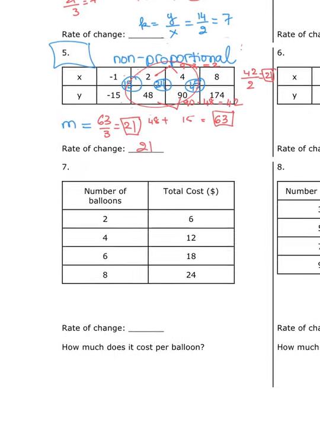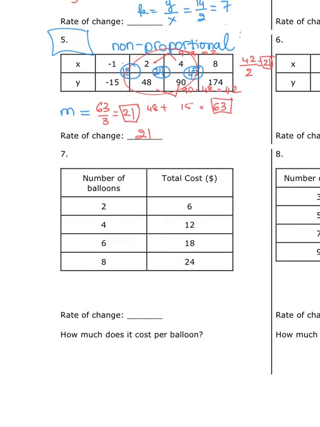Number 7, number of balloons to total cost. Okay, the total cost will depend on the number of balloons, so make sure you do y over x. So 6 divided by 2, I got 3. 6 divided by 2, I got 3. 12 divided by 4, I got 3 as well. 24 divided by 8, I got 3.